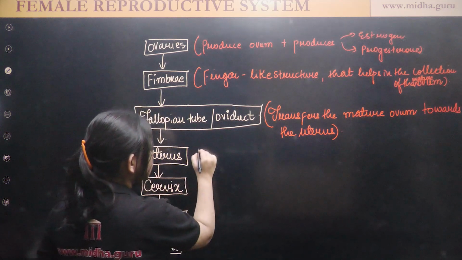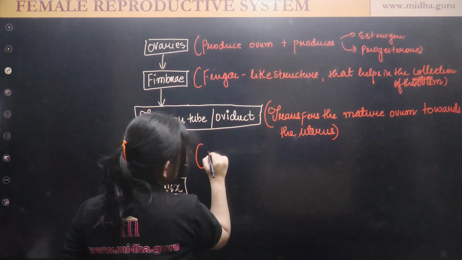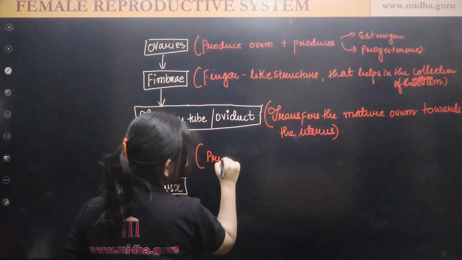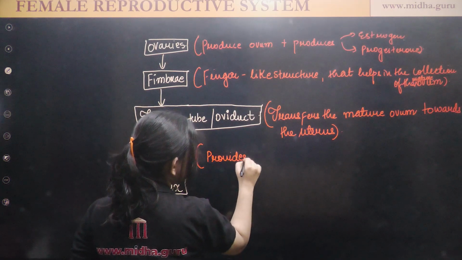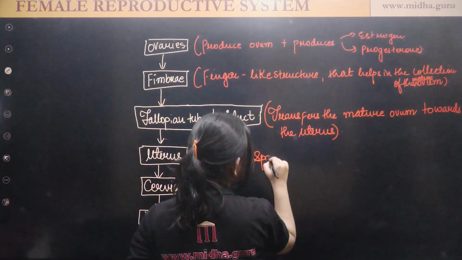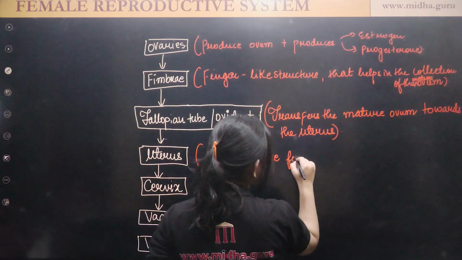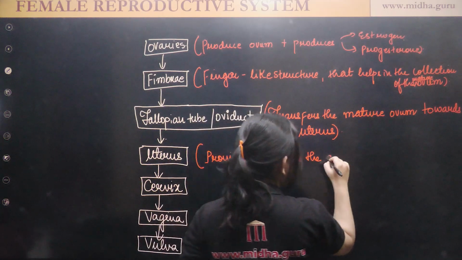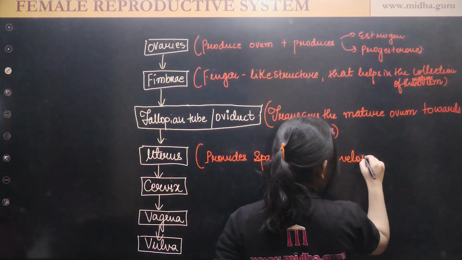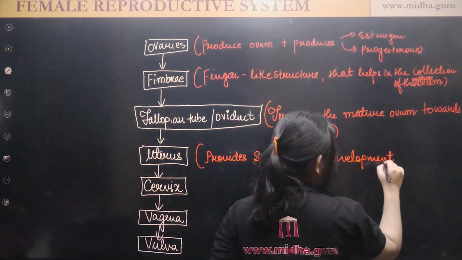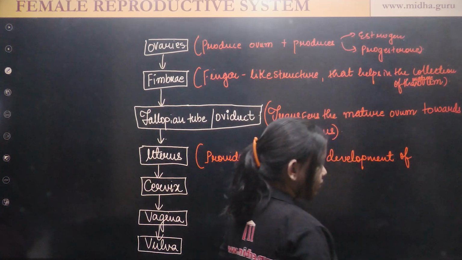Now the uterus, this is the main part. This provides space for the development of the implanted embryo.